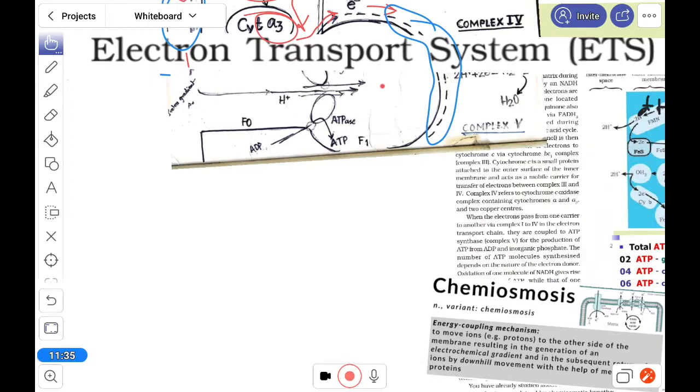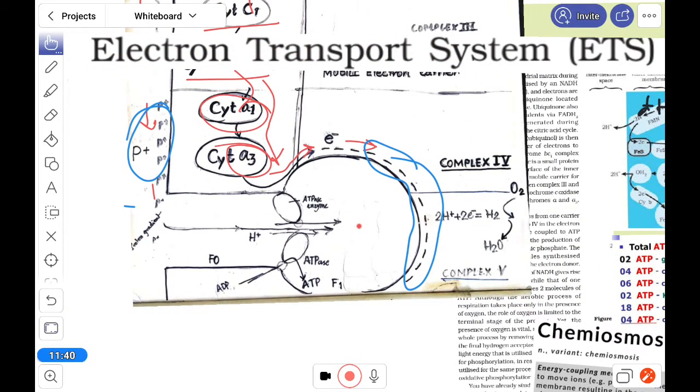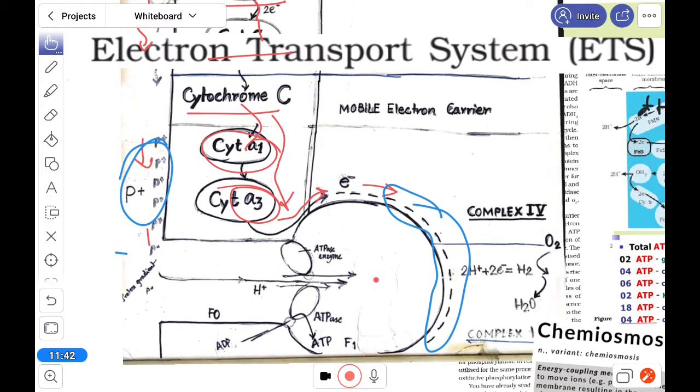All right. So here it is the proton gradient. In the proton gradient, that energy is produced.